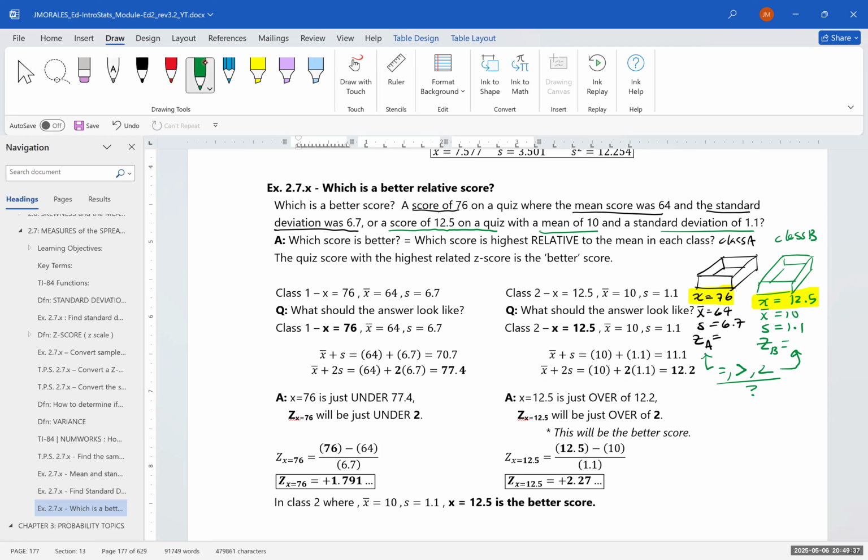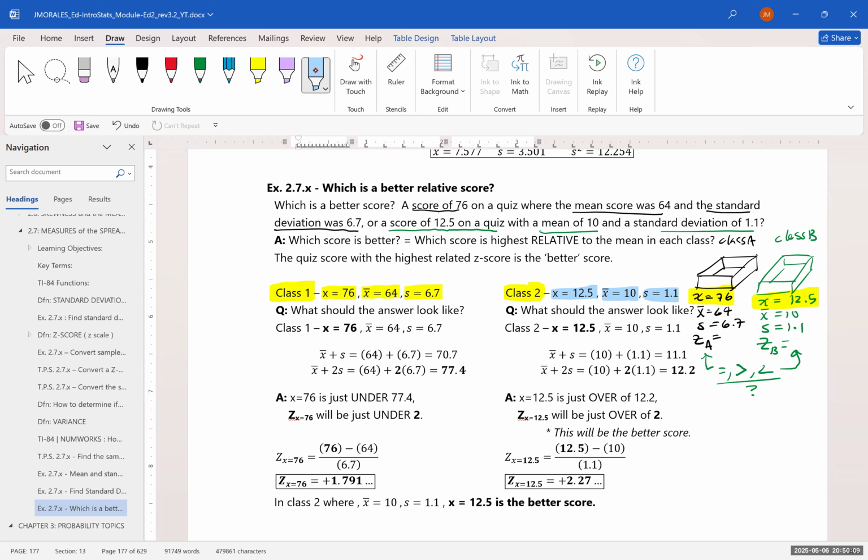Okay. So I labeled this class A and class B, but I think right up here, I put that as class 1 and class 2. Same difference. So here for class 1, a student scored a 76, where the class average was 64 and the standard deviation was 6.7. And over here with class number 2, a student with a score of 12.5, where the mean was 10 and the standard deviation is 1.1.